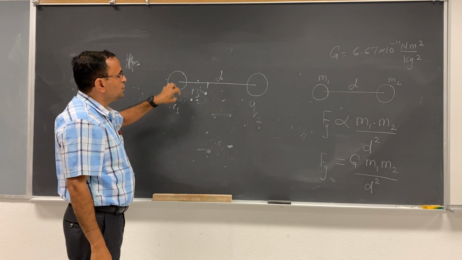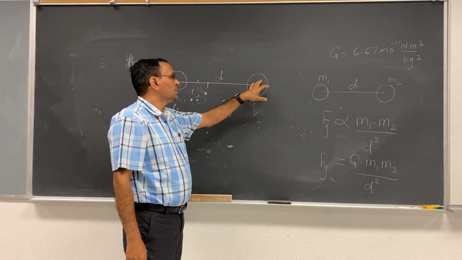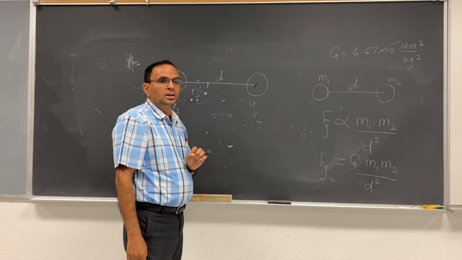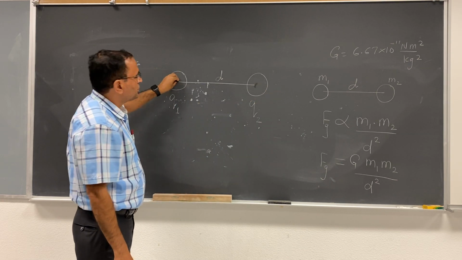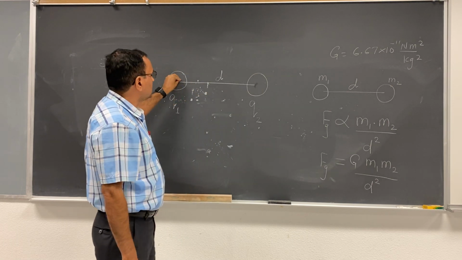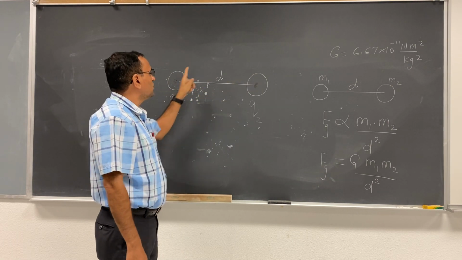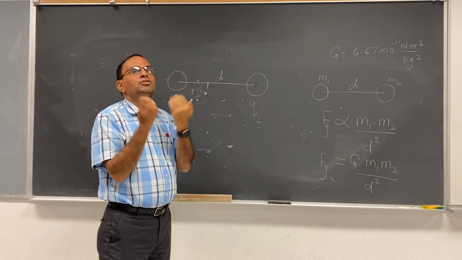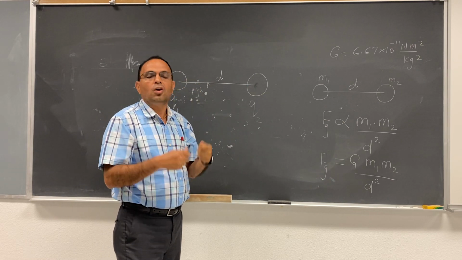Now here, you have a charged particle Q1 and a charged particle Q2. If both are positive, then there is a repulsive force. If this is positive and this is negative, I mean if this is a proton and this is an electron, then there is an attractive force. Like charges repel, unlike charges attract.